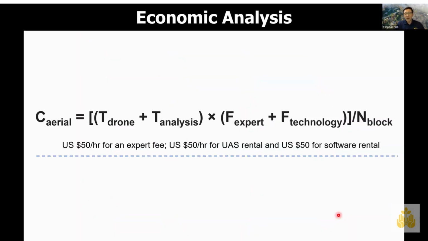Now the Korean government was interested in what I did, so they asked me to do a simple economic analysis, so that they can see how drone technology can be used for this kind of rapid assessment of bean damage. Basically, it's simple.